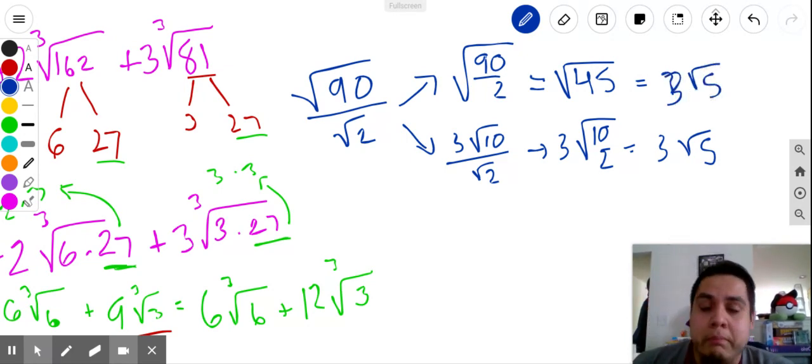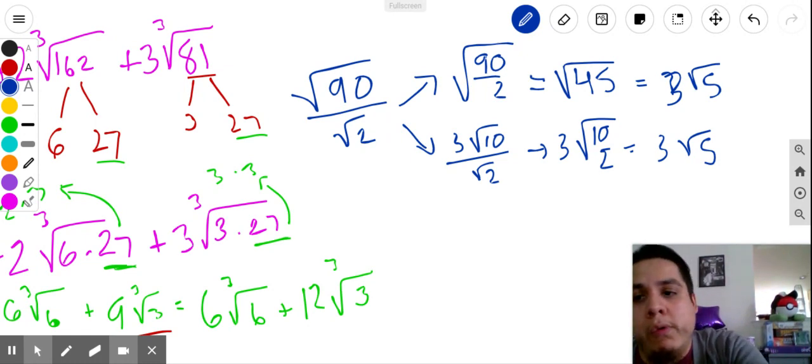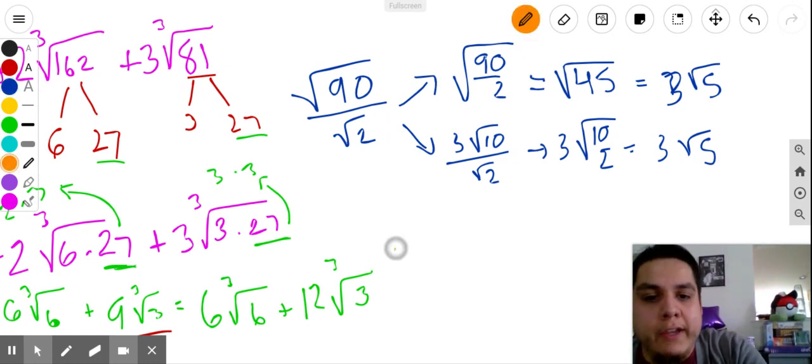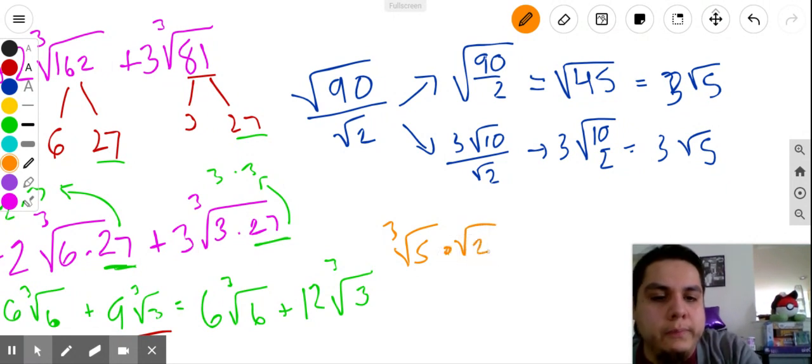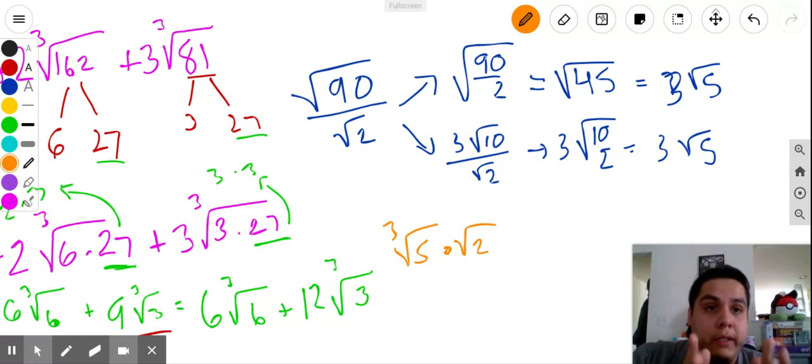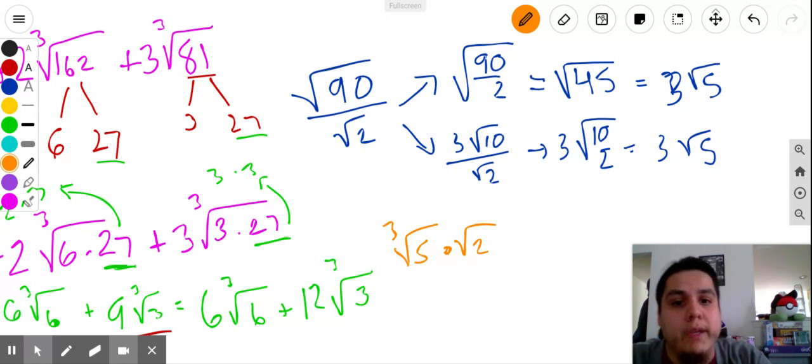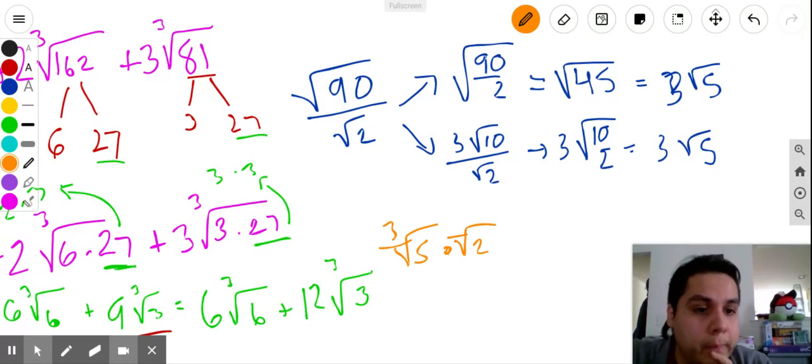When you're multiplying, you can multiply any numbers that are underneath a radical sign as long as the index is the same. So what I mean is, if I give you the cube root of 5 times the square root of 2, as it's currently written, you cannot combine these because the indices are not the same, meaning this is a cube root and this is a square root.